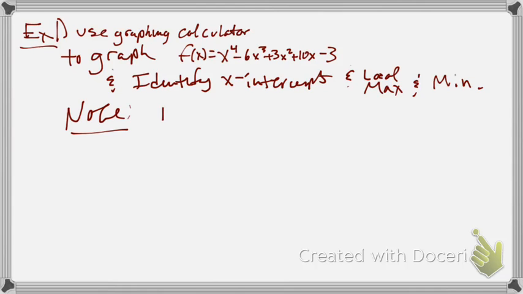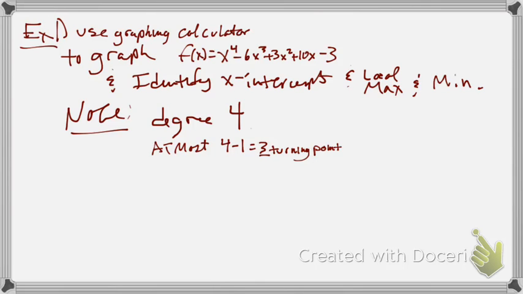So we'll do that in a second, but before we do, just a quick note. The degree for this polynomial is 4. So that means I should expect at most 4 minus 1, which is 3, turning points. Now I don't know until I graph it if I'm going to actually have 3 turning points.